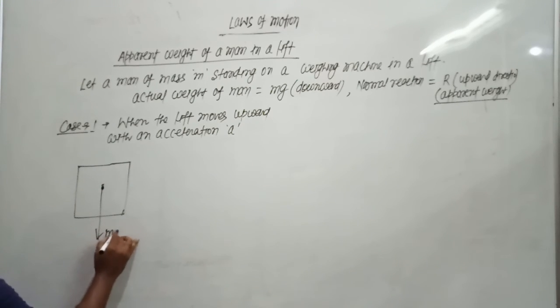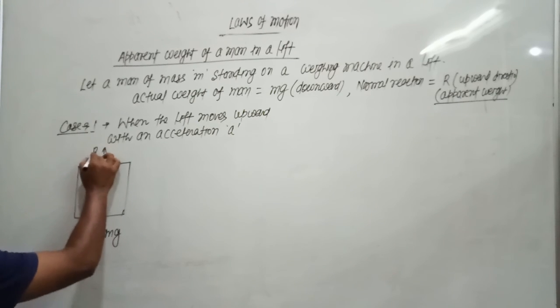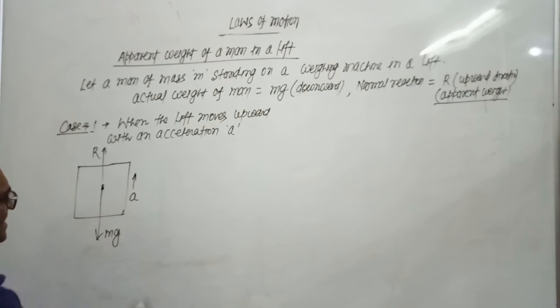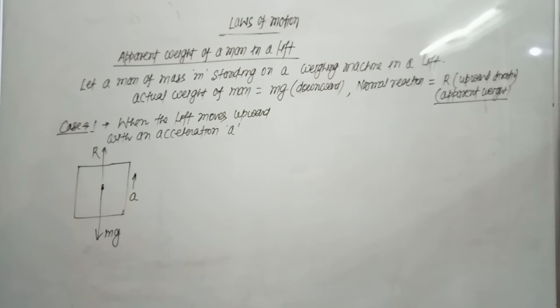The weight of the man acts vertically downward, the normal reaction R acts in the upward direction, and since the lift is moving upward, the acceleration will act in the upward direction.